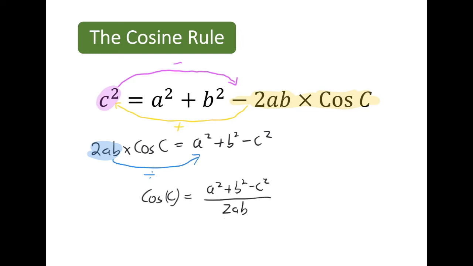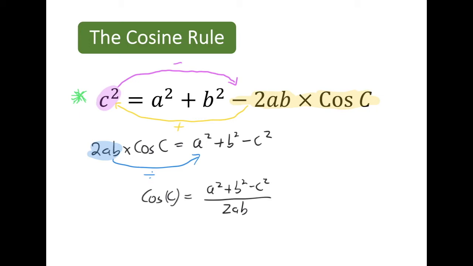Then we can use that formula to find our missing angle value of C by using the inverse of cos function. On your formula sheet, you will be provided with the standard cosine rule formula, which is the one we started with. You will need to know how to rearrange it to be able to find a missing angle.